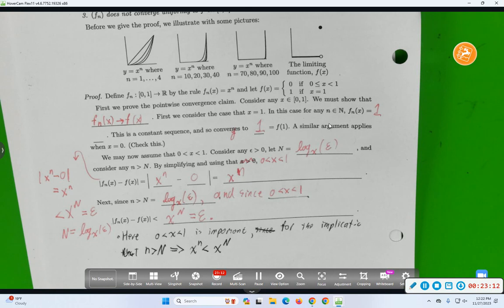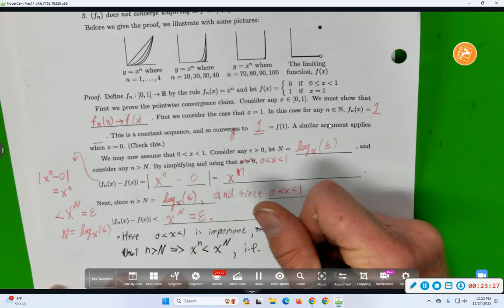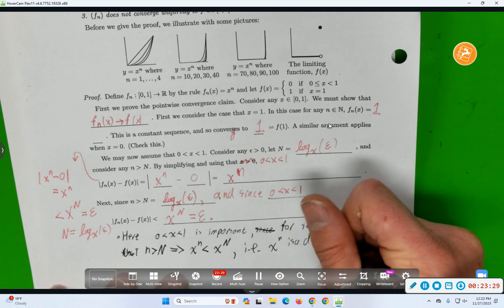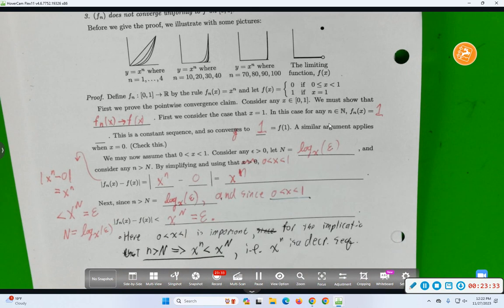If there's stuff that seems hidden, why it's important, you don't necessarily say that on that interval it's a decreasing function or something like that. Oh, for sure, yeah. I.e. x to the n is a decreasing sequence. That's maybe a better way of saying what's right there.